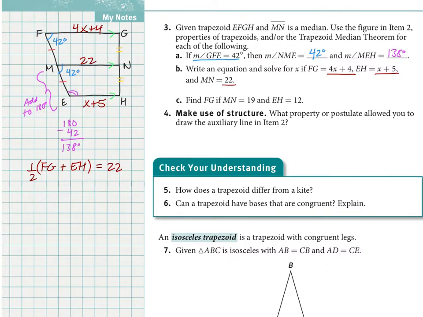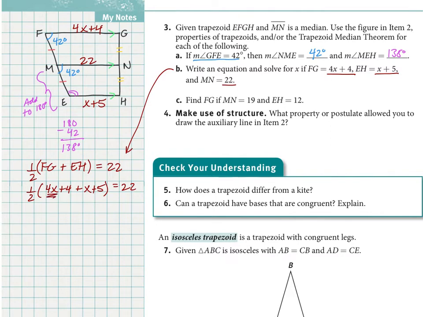So what we can do now for part B is plug in what FG and EH are. We're going to take 1/2 of FG, which is 4x plus 4. We're going to add that to EH, which is x plus 5. All together, that's going to be times by half, and then it's going to equal 22.